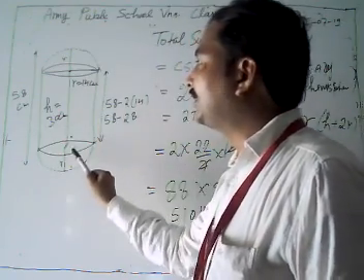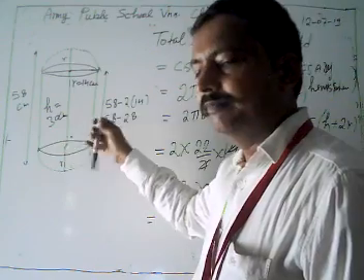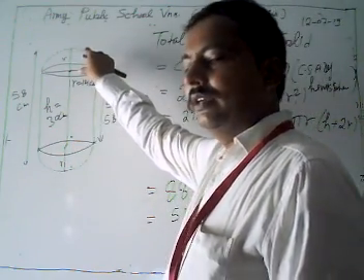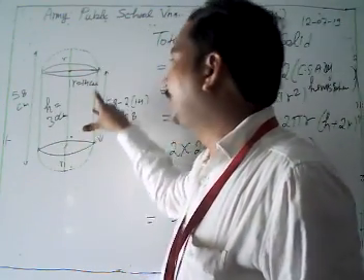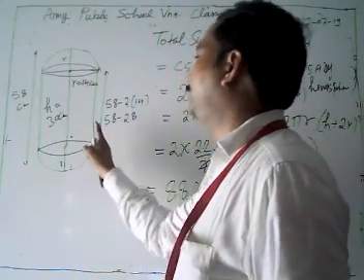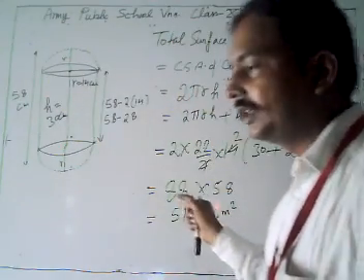To find the height of this cylinder, we subtract the two radii of the hemispheres, 14 and 14. 14 plus 14 is 28, and 58 minus 28 gives the height of the cylinder, 30. To get the total surface area, we need the curved surface area of this cylinder plus the curved surface area of the two hemispheres.